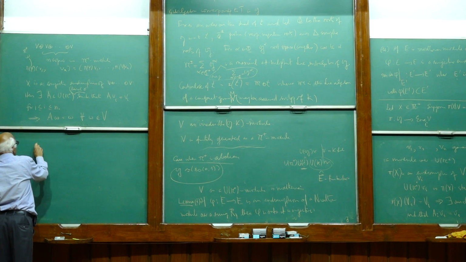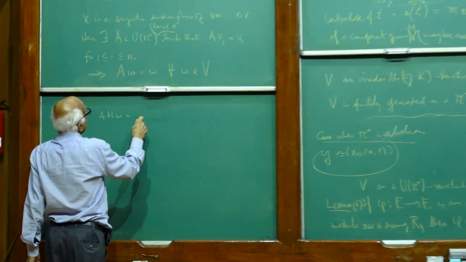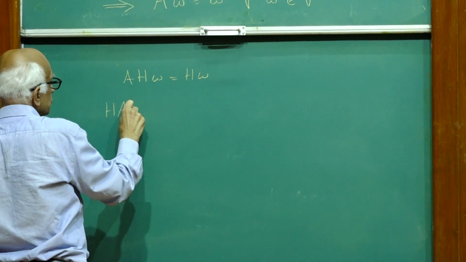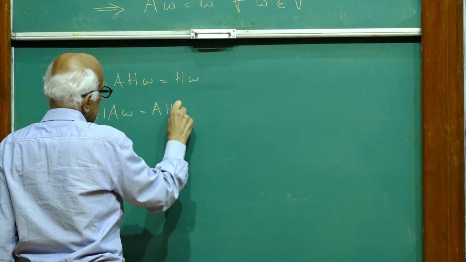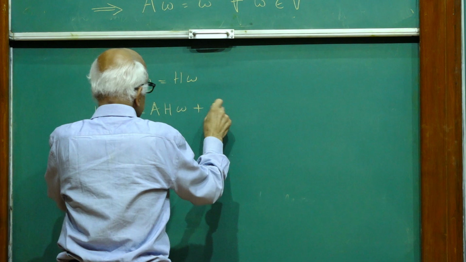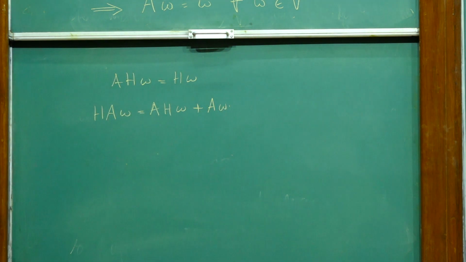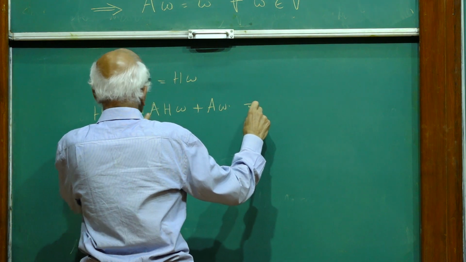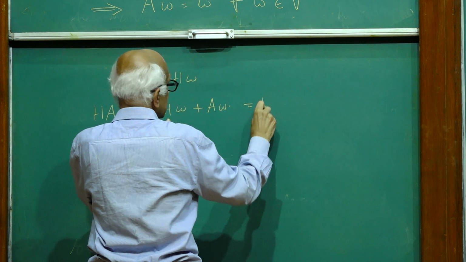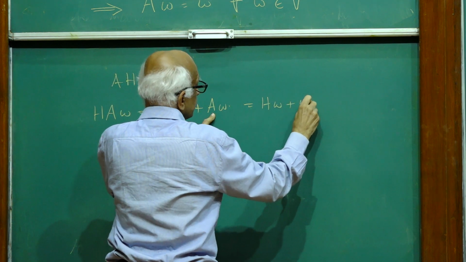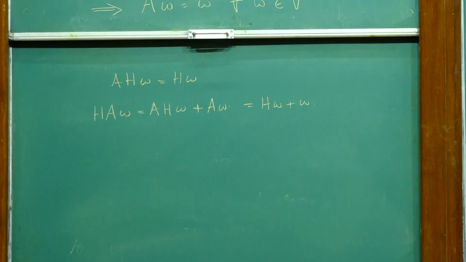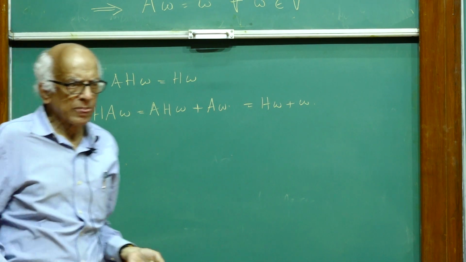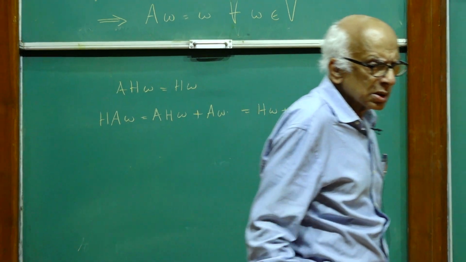So in particular, H W has to be equal to H W. Let's look at H bracket A W. This is equal to A H W plus bracket H A W, which is again A W. Which is A H W is H W plus W. Sorry?